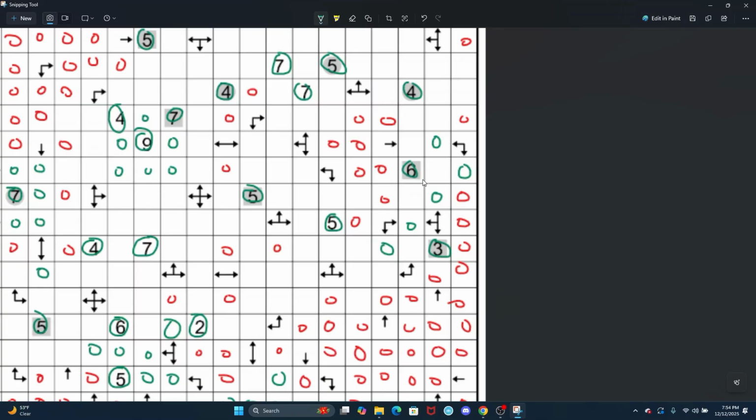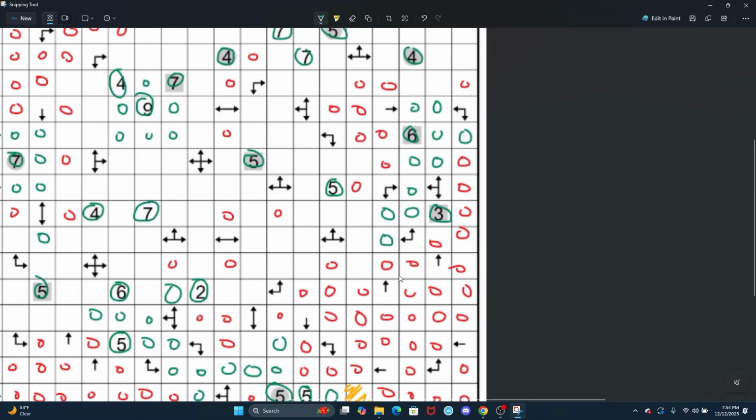Right, so the 6 also means that these 3 tiles are green, because there's only 6 tiles left that are not red. And so this 3 also means that this tile is green, and this arrow through this tile being green means that this tile has to be green.